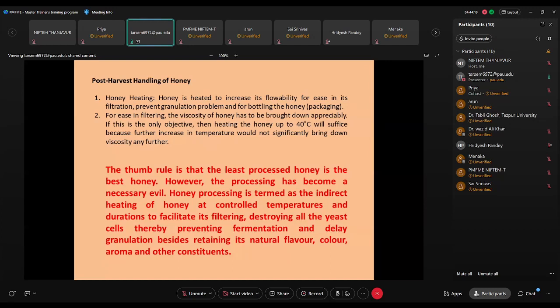Rather, we have to heat the honey uniformly so that the effect is uniform, and we must use some indirect method. If we have a vessel where honey is put, then around that vessel we can circulate hot water. That hot water will provide heat to the honey.